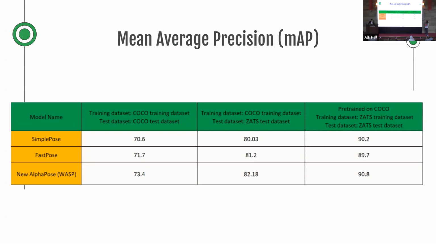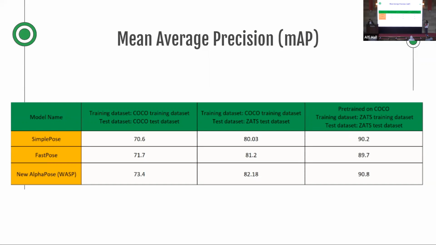However, this is not the best result because, as you can see in the third experiment, we are using our new training dataset, and we have the weights of all of these models pre-trained on the COCO training dataset also. And we are using our test dataset as the test dataset. So we achieved 90.2 on SimplePose and 89.7 on FastPose, and we achieved the highest accuracy using our new proposed architecture, which is WASP.